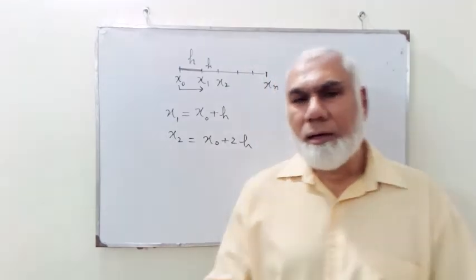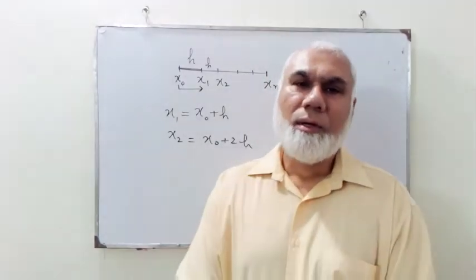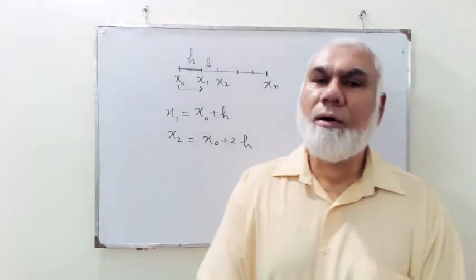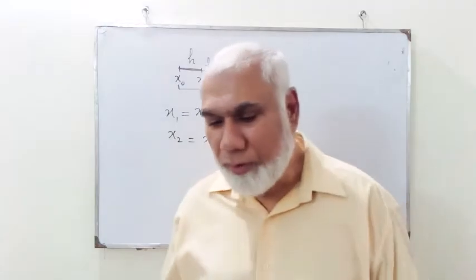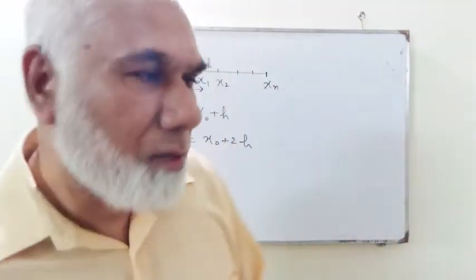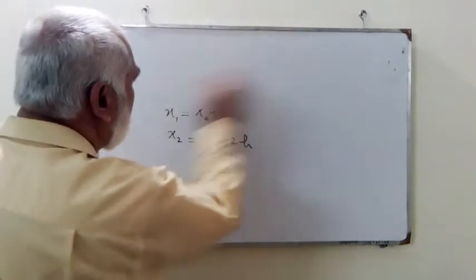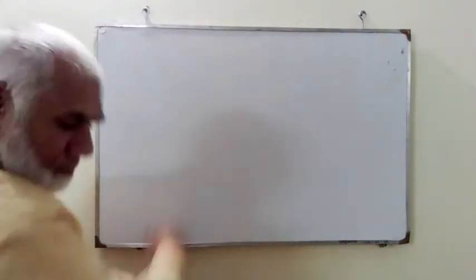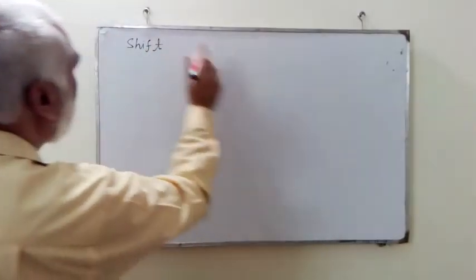There are different kinds of operators, and I'll be discussing here only those which are frequently used in numerical methods. The first operator we are going to consider is the shift operator.